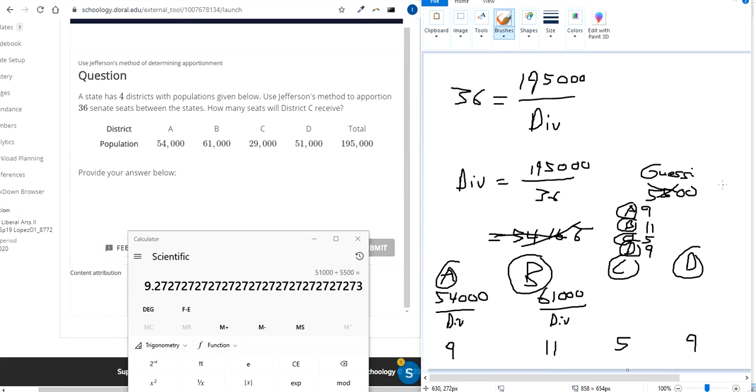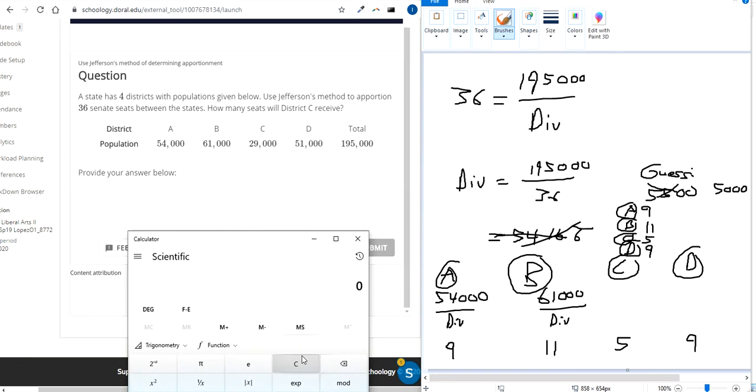Let's try another one. Let's take a guess of 5,000. Again, for Group A, 54,000 divided by 5,000. Remember, you drop the decimal. That's 10 senators for Group A. For Group B, 61,000 divided by 5,000, that means we've got 12 senators.